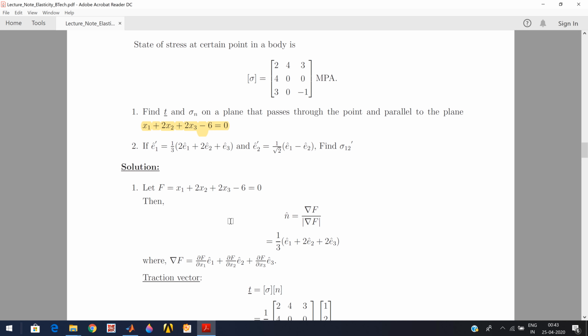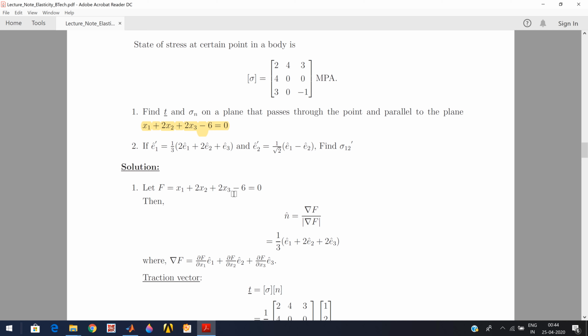And to find the n perpendicular, if there is an equation of surface f, then the normal vector is defined as gradient f divided by the magnitude of the gradient f. So gradient f is a vector normal to the surface at a particular point, and if you want to make unit vectors, you have to divide that vector by the magnitude of that vector.